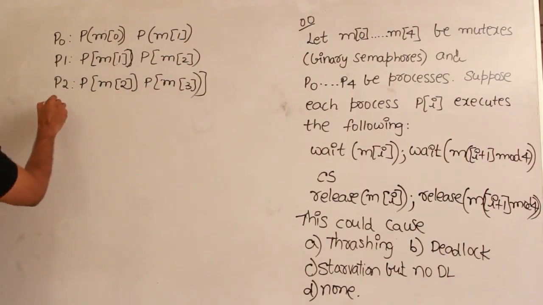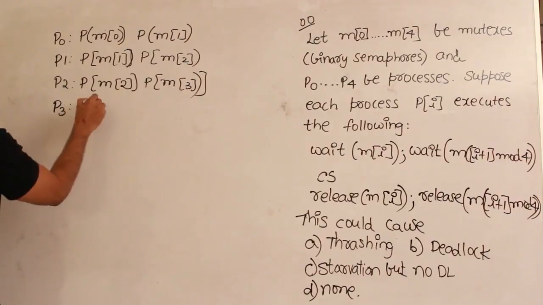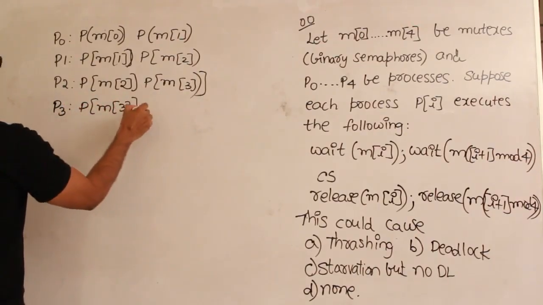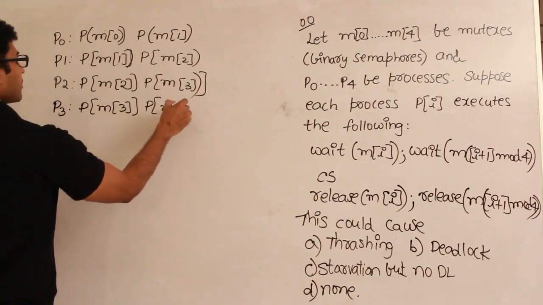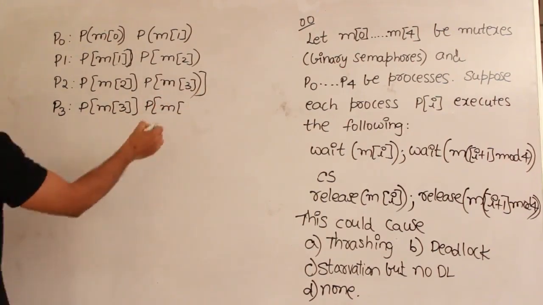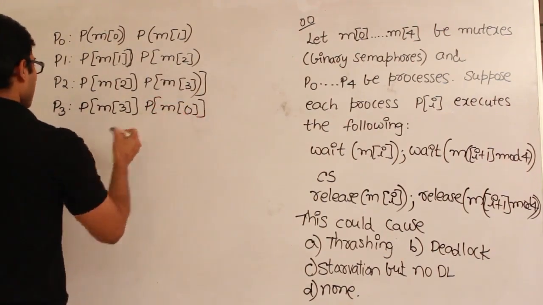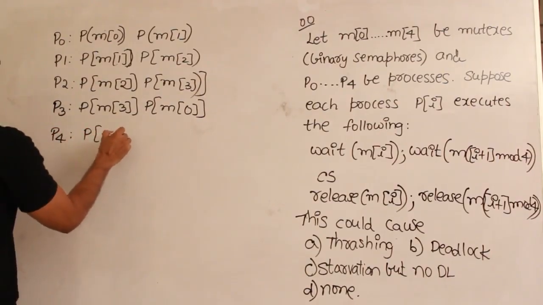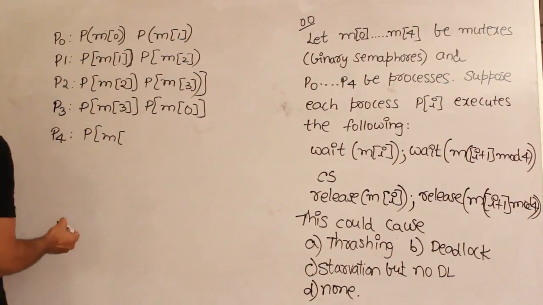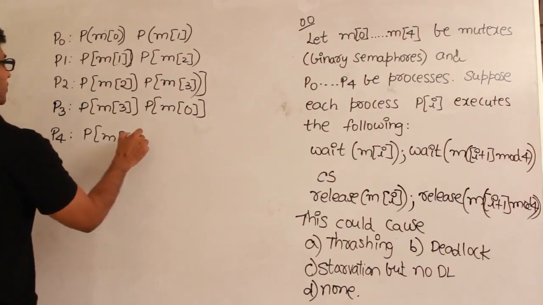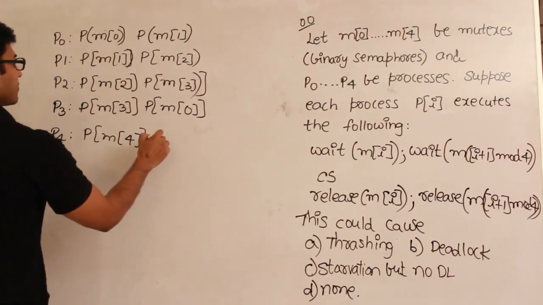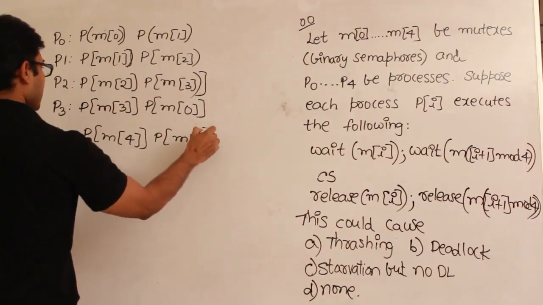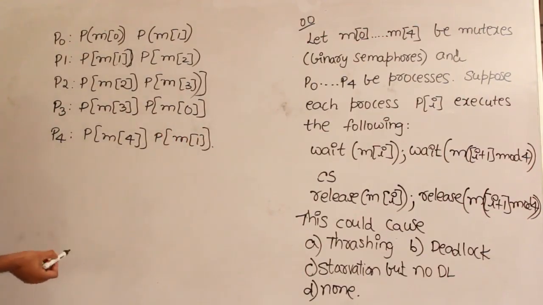And then P3 is down on M3 and then down on 3 plus 1 mod 4, which is nothing but 0. And again P4 is down on M4, and then (4+1) mod 4, which means M1. Why? Because 4 plus 1 is 5, and then mod 4.